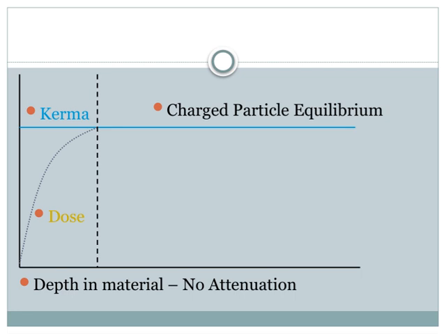It allows us to make accurate dose measurements in regions where the radiation field is uniform and particles are not being attenuated. So, understanding this balance between kerma and dose at a given depth helps us better grasp how radiation interacts with matter, which is crucial for precise dosimetry and ensuring safe, effective radiation use.